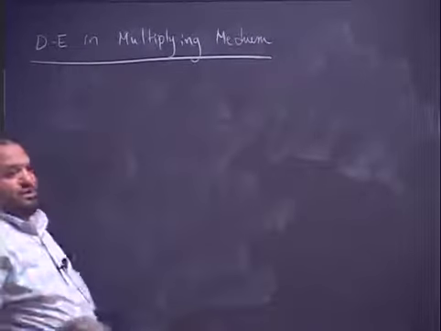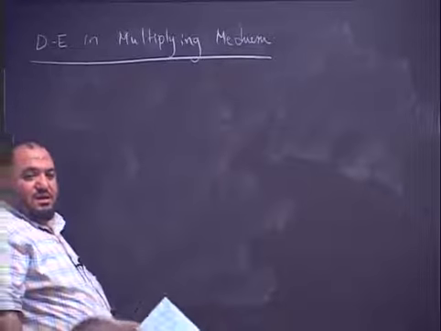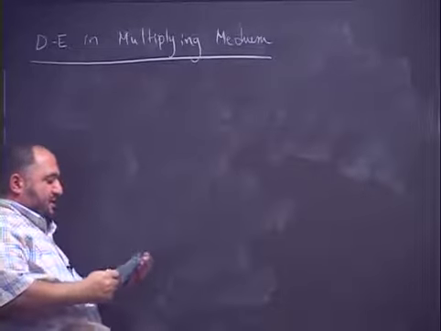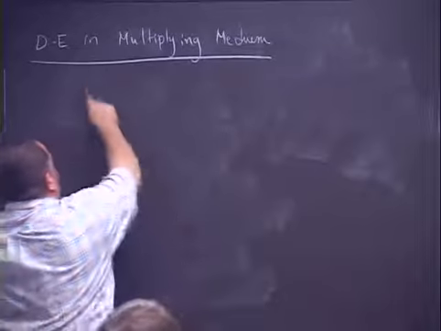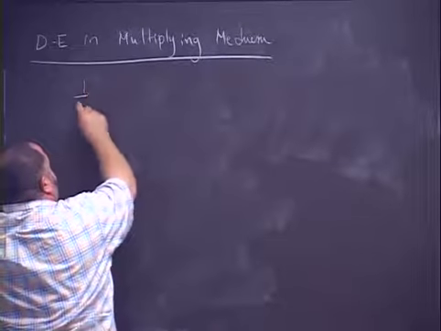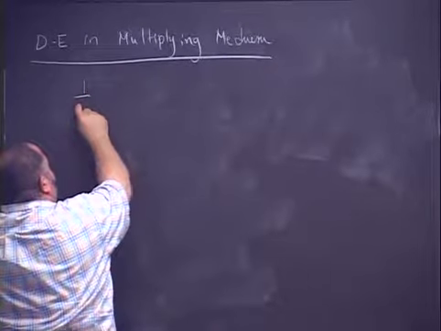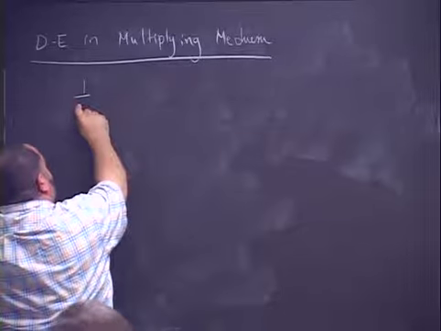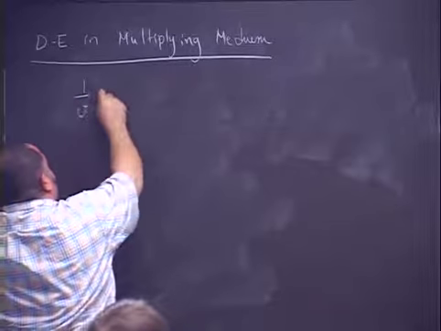What do you think the changes will be? What's the diffusion equation? 1 over... Come on, guys. I do not want you to look at the book. Just memorize it.